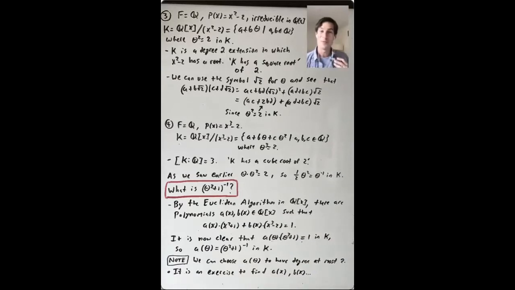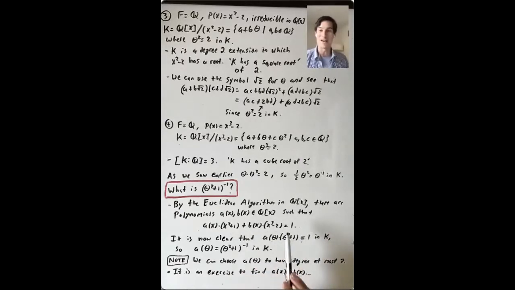All right, so now it's an exercise to find a of x and b of x, by which I mean we already know how to do this. We know how to do the Euclidean algorithm, but we haven't done it in a long time. So one thing I'll point out is that on the Math 206B final exam, there was a case where you had to find the GCD of two polynomials by applying the Euclidean algorithm. Originally, that problem had come from an exam where that was the first part. And the second part was to find polynomials a of x and b of x such that a of x times your first polynomial plus b of x times your second polynomial was equal to the GCD.